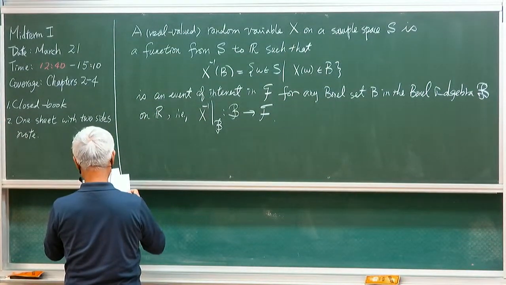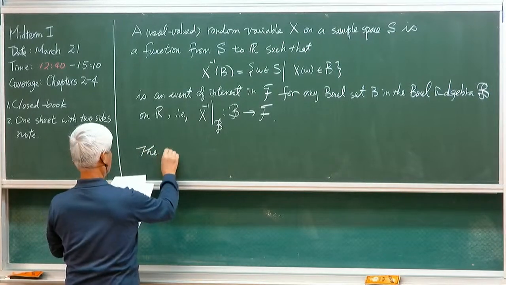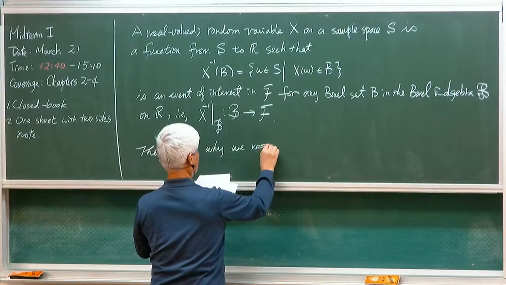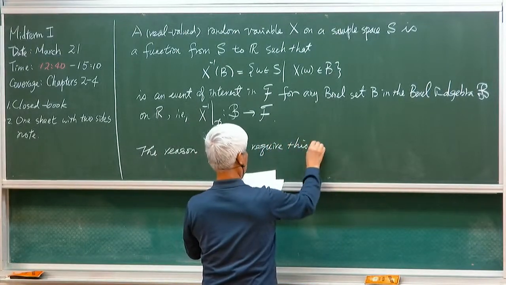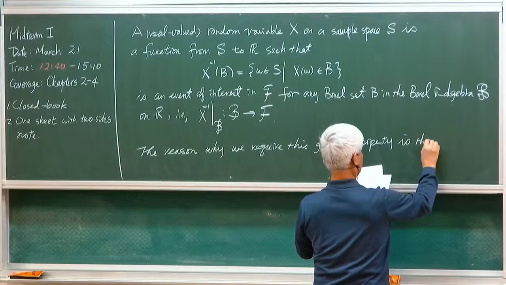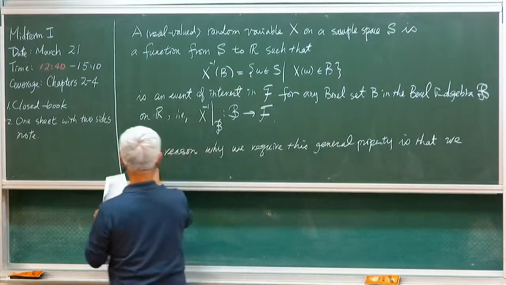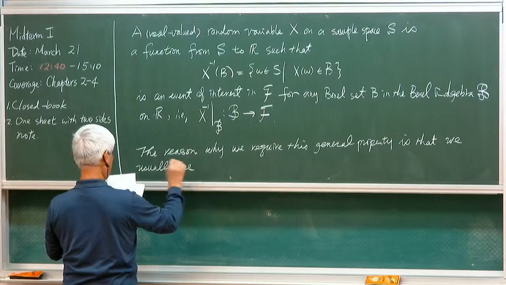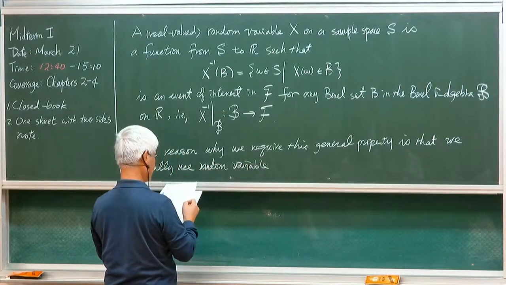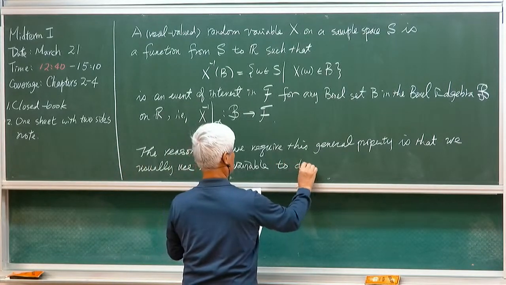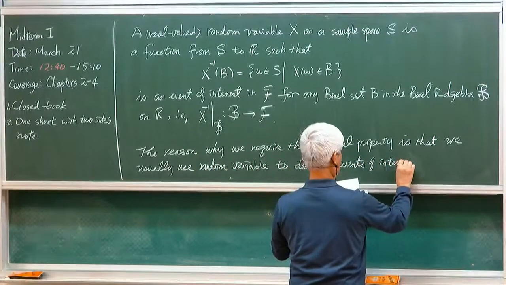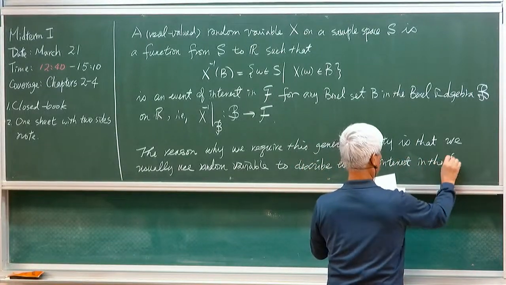Now, the reason why we require this general property is that we usually use a random variable to describe events of interest in the following way.